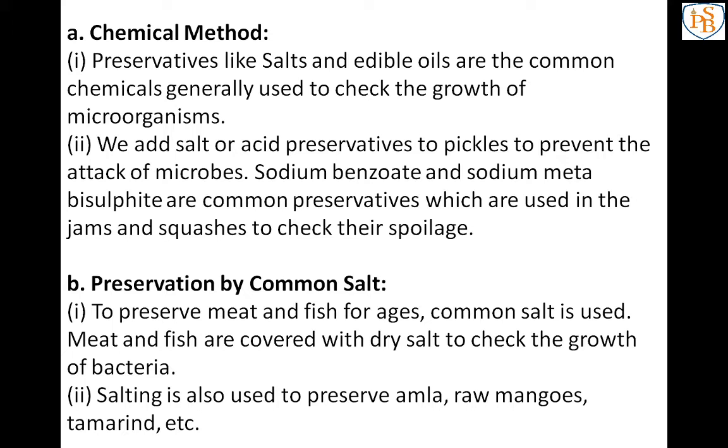Salting means we use salt to preserve our food, for example amla, raw mangoes, tamarind, and many nuts or dry fruits. We use salt to preserve that food, and that process is known as salting.